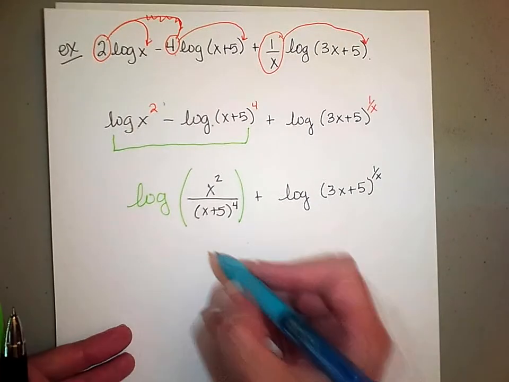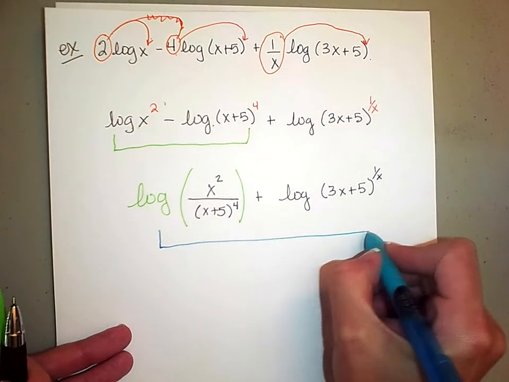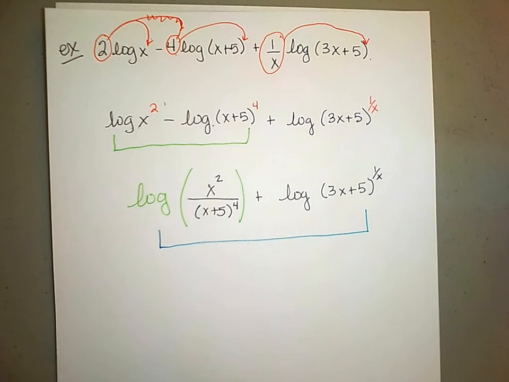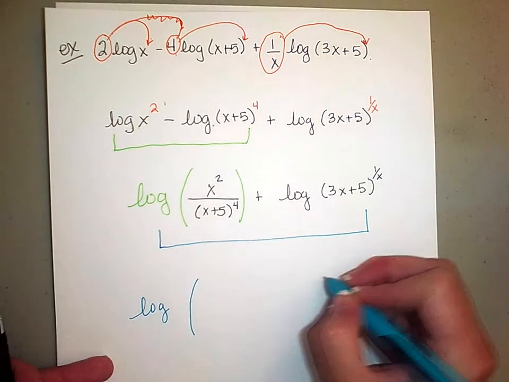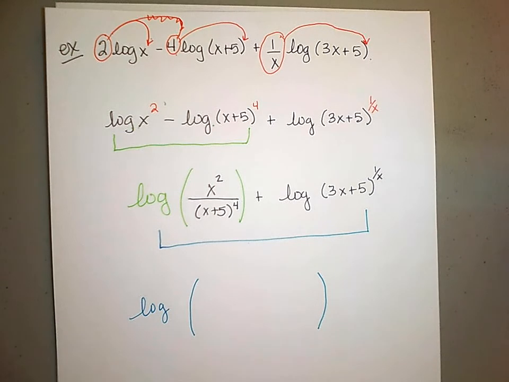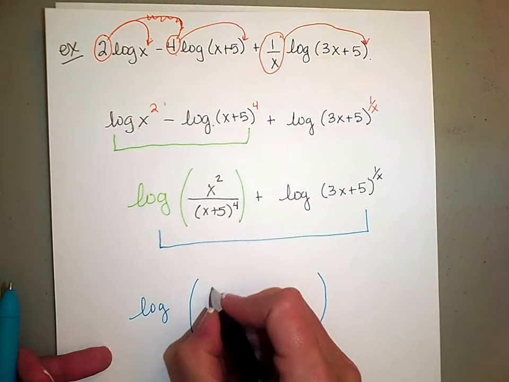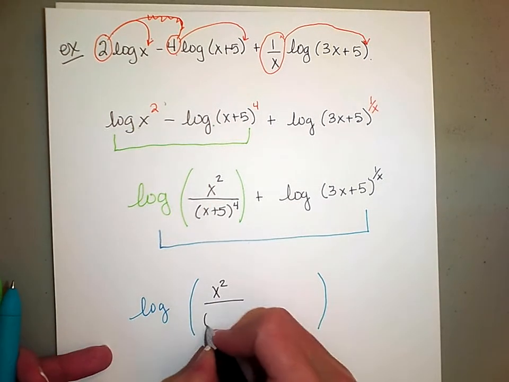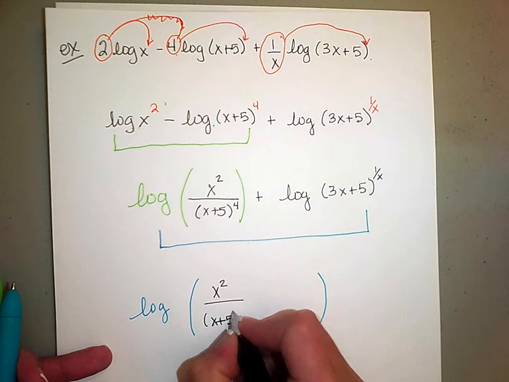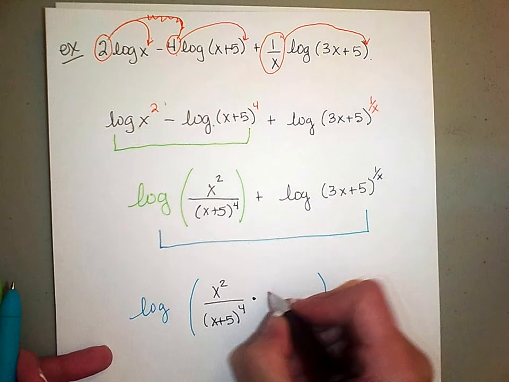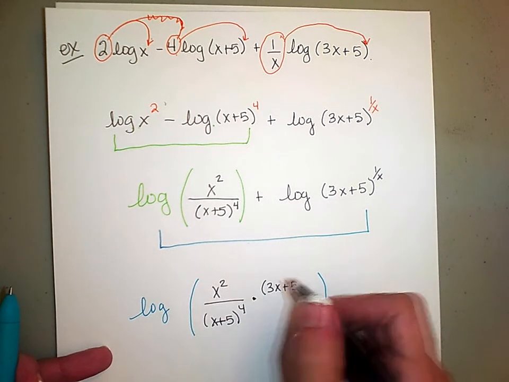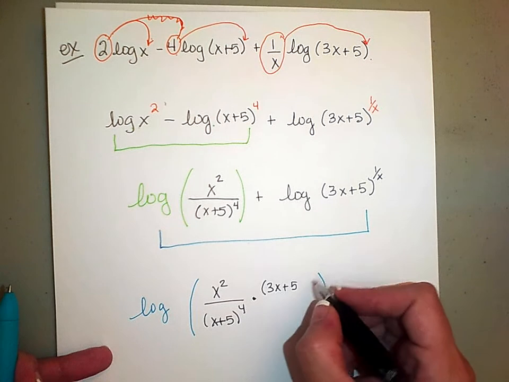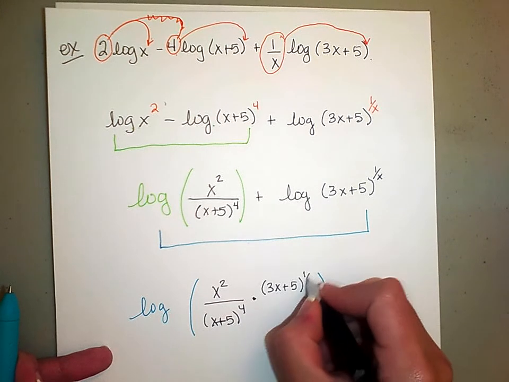Now I can combine these two as a single log. It's an addition, so that means the logarithm will be a product. And I take the first one, x squared times x plus 5 to the 4th power times 3x plus 5 to the 1 over x.